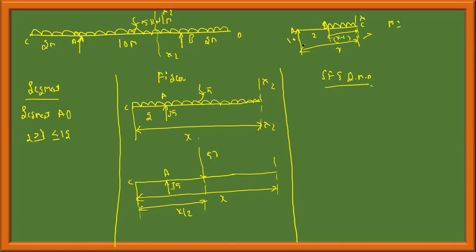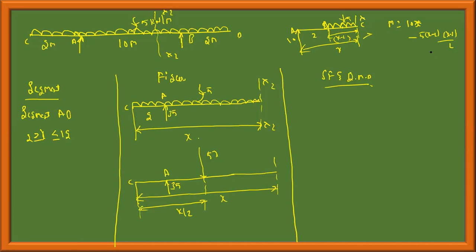Then what I write, RA into this 10 into x, and then minus of this UDL, say 5 into x minus 2, into x minus 2 by 2. That's how I wrote x minus 2. This is the center, x minus 2 by 2.